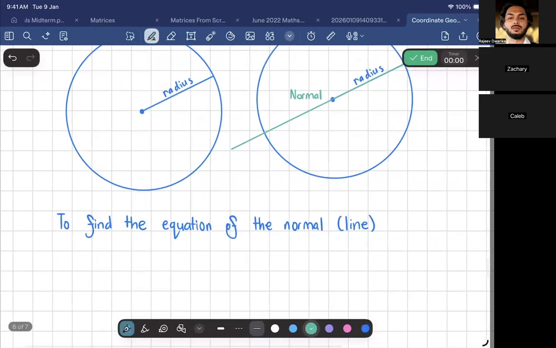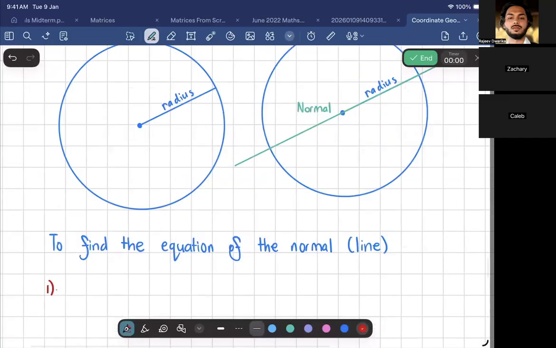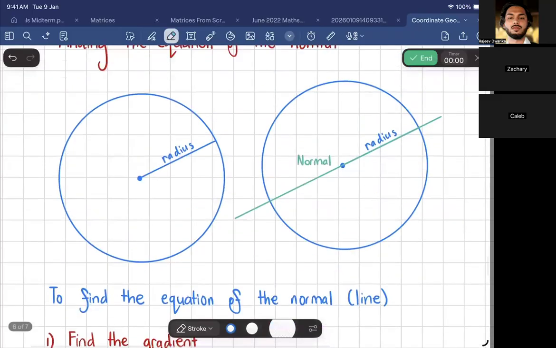So first step, let's look at the very first step you would take. Number one, find the gradient. Everybody with me? Yes. Okay.